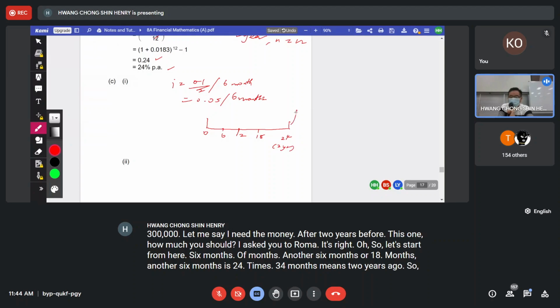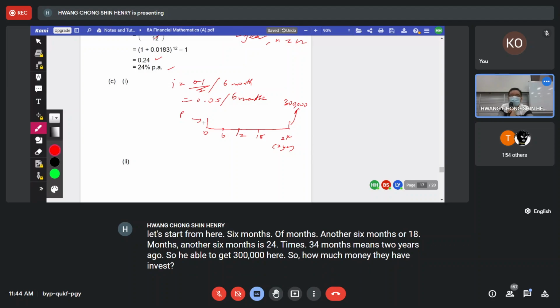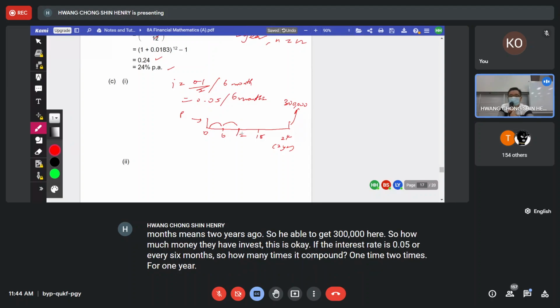So they want to get 300,000 here. So how much money do they have to invest? This is your key. The interest rate is 0.05 for every 6 months. So how many times does it compound? 1 time, 2 times for 1 year, then another year, 3 and 4.